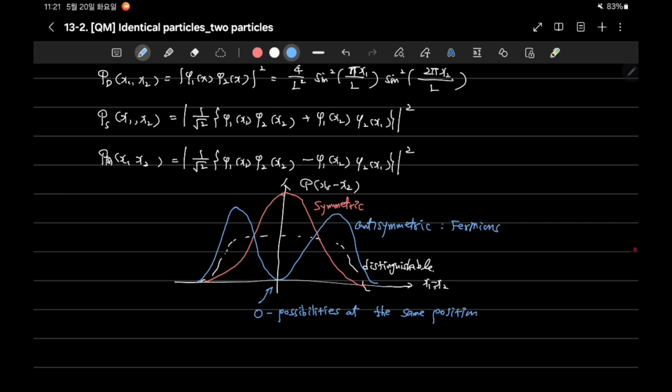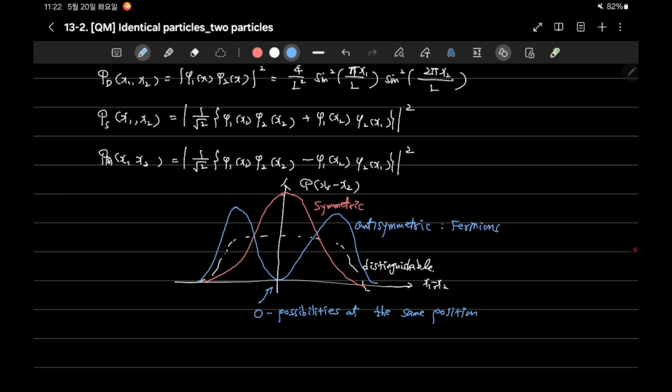So here is the result. Considering the relative coordinate, the bosonic particle is the most probable at the origin. It means that the bosonic particles can condense with each other. But for antisymmetric fermion particles, there is zero probability at the origin, at the same position, because it is x1 minus x2.